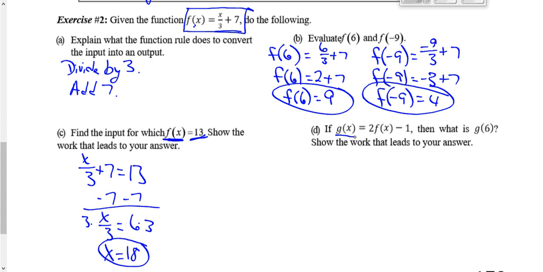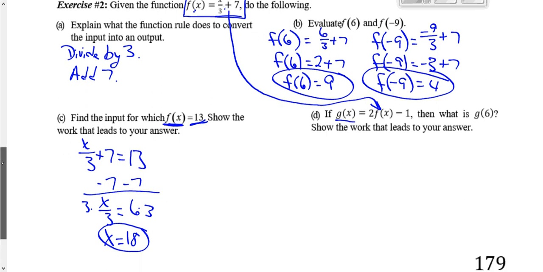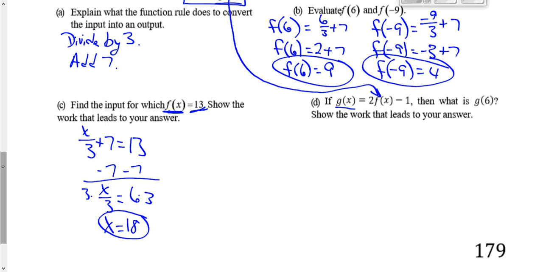No, but it's g of 6. But g of x is, see this right here? So wouldn't I replace this with f of x to see what g of x is? You follow me? So let's figure out what g of x is, then we can get what g of 6 is.